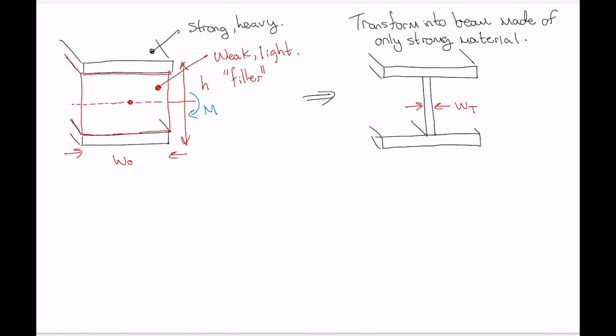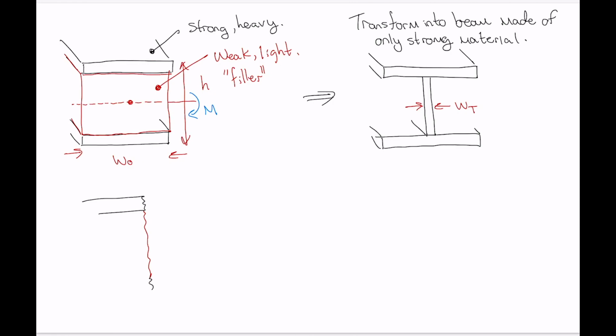Okay, so if we look at how this cross section is going to deform under that moment, maybe we'll just draw a longitudinal view here to help us out. So let's draw a longitudinal cross-sectional cut through this composite beam here.